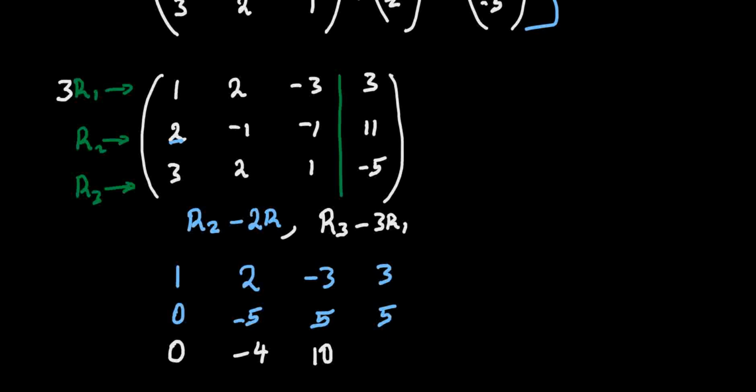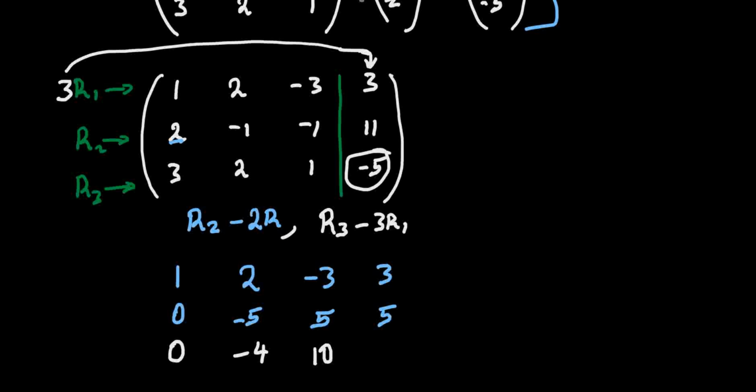Okay. So next, 3 times this 3 we have here will give us 9. So 11 minus 9. 3 times 3 is 9. Sorry, I circled the wrong one. So we are dealing with row 3. So this should be negative 5.